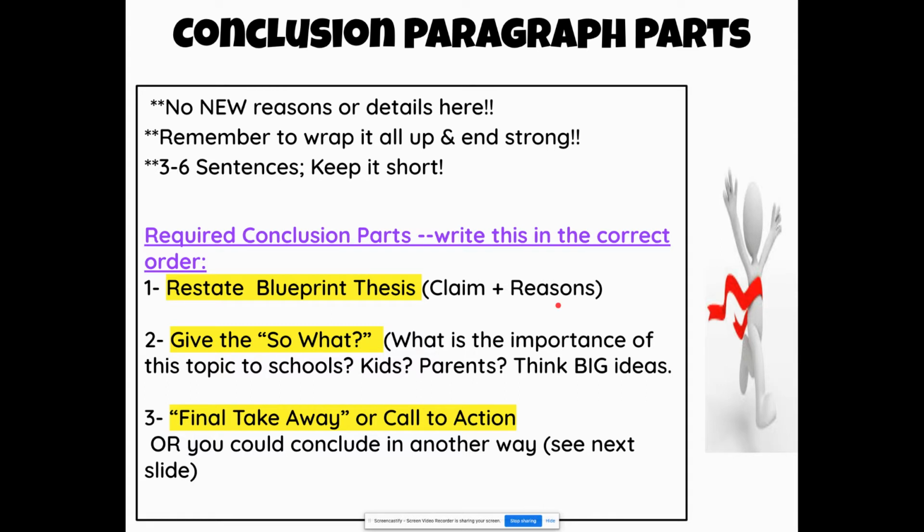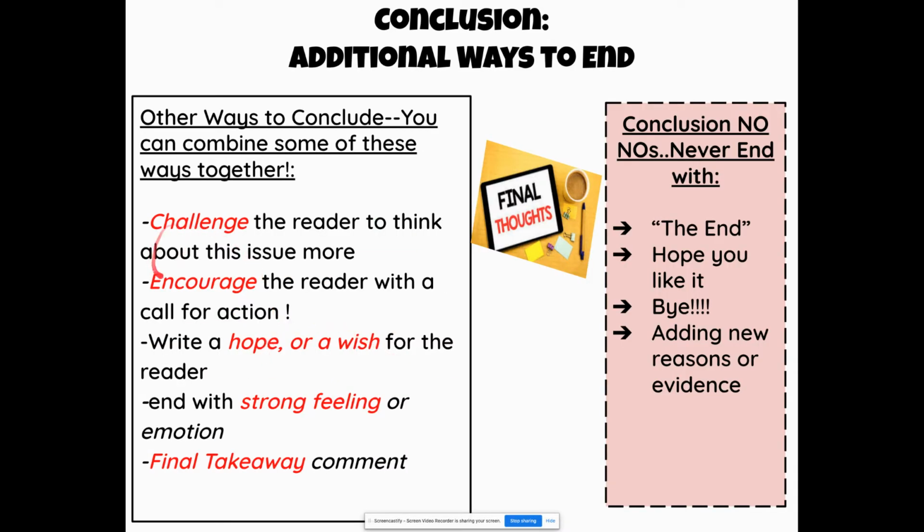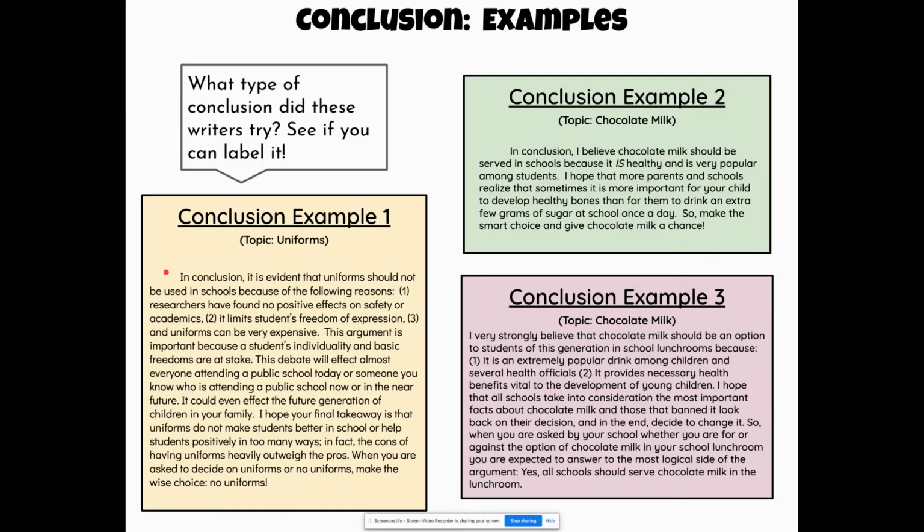Okay. So let's see if they did the second part, which is the so what. Like, why is this important? Or if they did any of these: challenging, encouraging, all of that good stuff. Here we go. "This argument is important because a student's individuality and basic freedoms are at stake. This debate will affect almost everyone attending a public school today, or someone you know who is attending a public school now or in the near future.